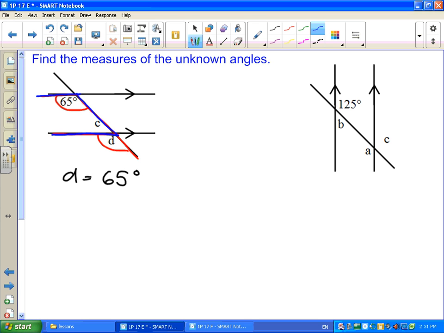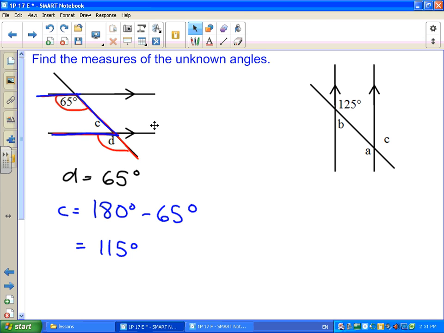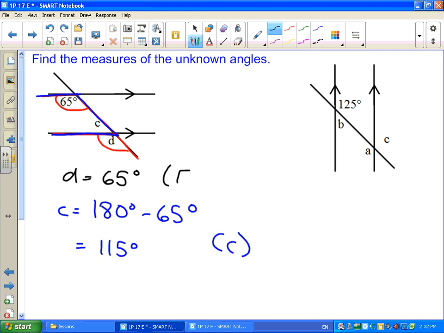So I can find C by doing 180 minus that 65. Punch this into my calculator, and that's going to tell me that C equals 115. Okay. And to explain how we got these things, we could just put in brackets here that we did the C pattern for this one, and we did the F pattern for this one.